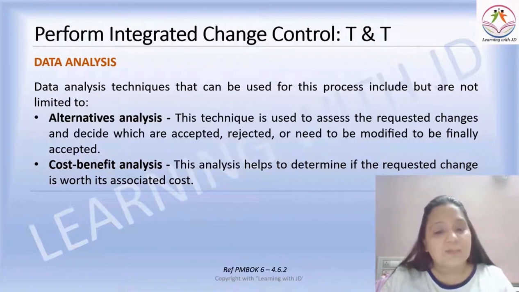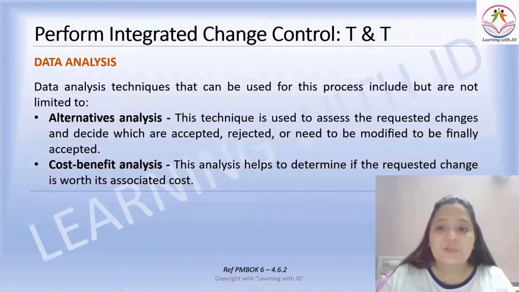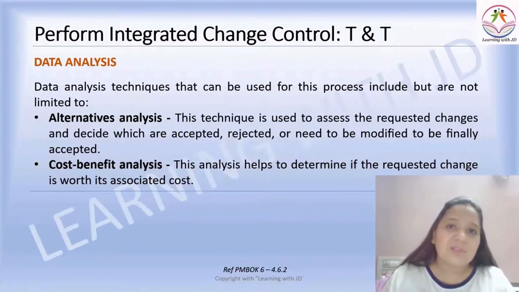Again, about the cost-benefit analysis, this comes when the matter is associated with cost. This analysis helps to determine if the requested change is worth its associated cost, worth whatever you are going to invest in terms of money.